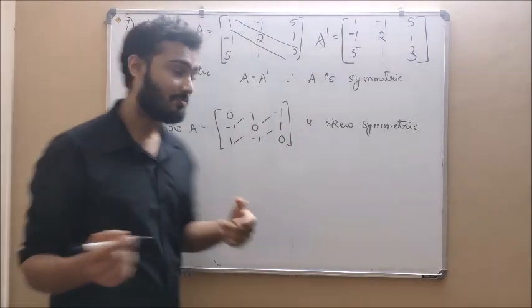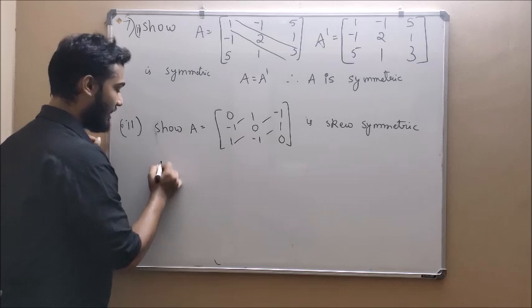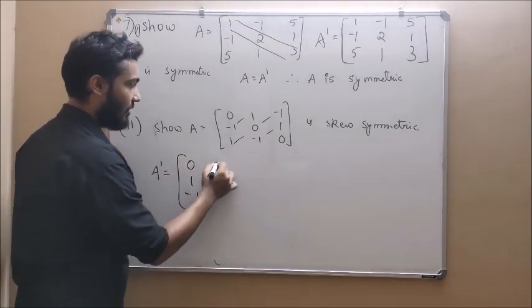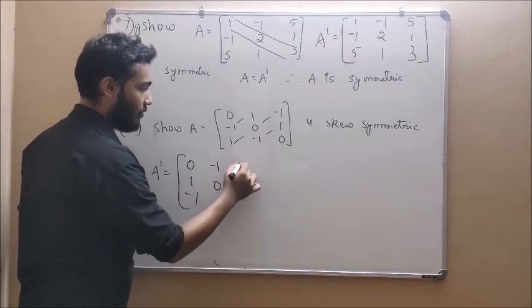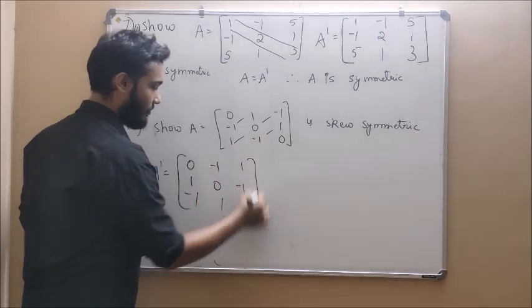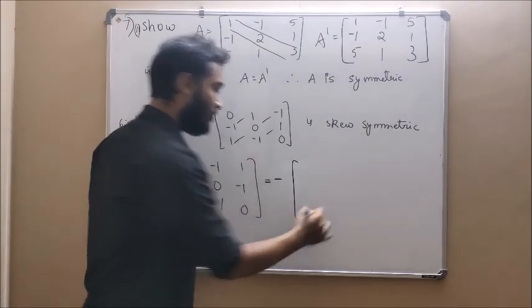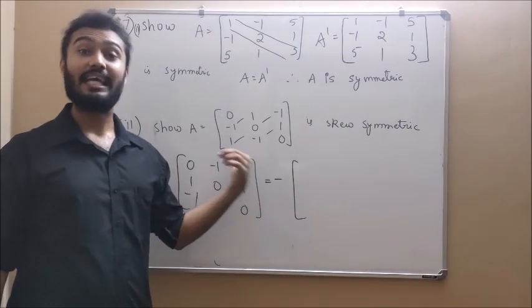Mathematically, how to show? Take A dash equal to, write the row as column, 0, 1, minus 1, minus 1, 0, 1, 1, minus 1. So take the negative outside. When you take negative outside, the sign changes.